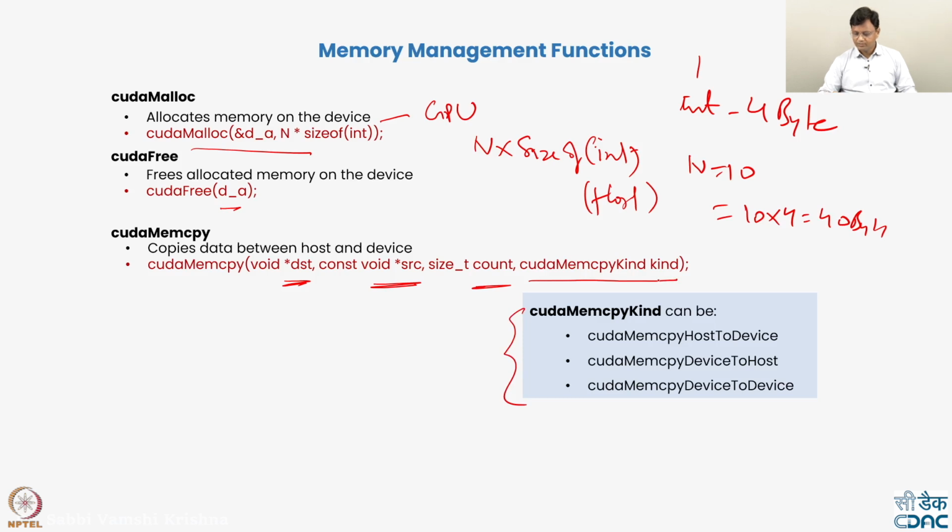That is the kind. If I pass this attribute, cudaMemcpyHostToDevice, then data will be moved from host to device, meaning system memory to the GPU memory. When I use cudaMemcpyDeviceToHost, my data will move from the device, meaning GPU memory, to the host memory.